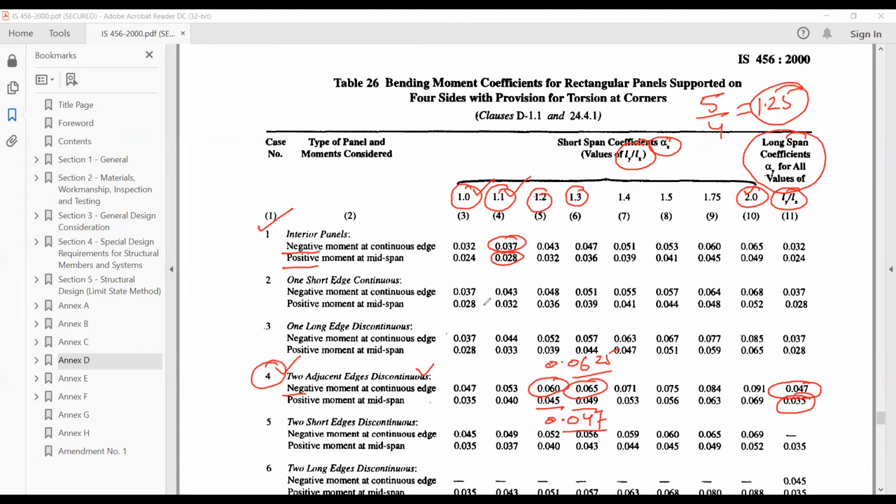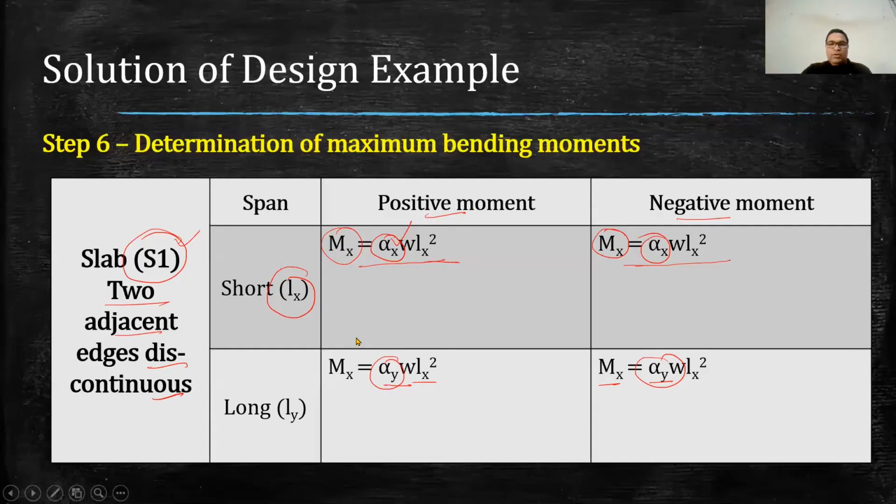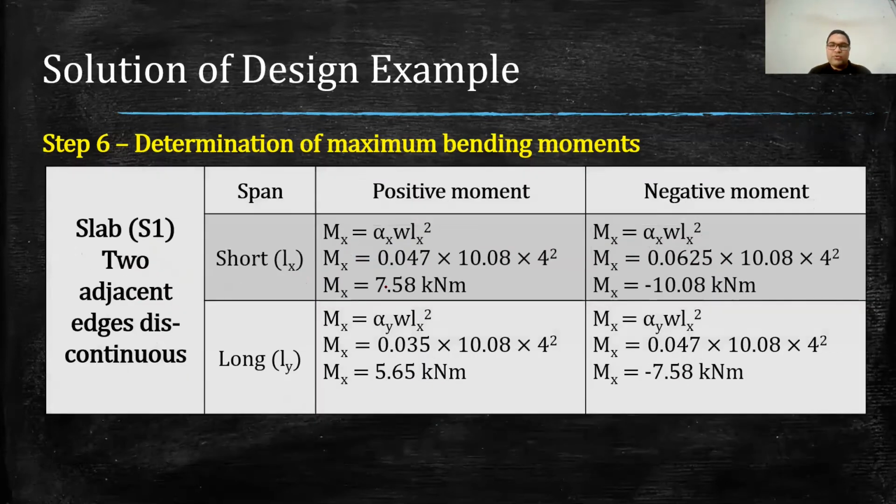So now I will move to the slide to show you the values. Now you can see here, putting the value of alpha x, W is already known and Lx value is already known. Now putting all the values of alpha x, we can find out the value of Mx positive, negative, and My positive, negative. Sorry, it will be My.